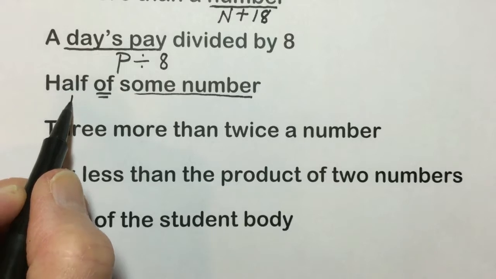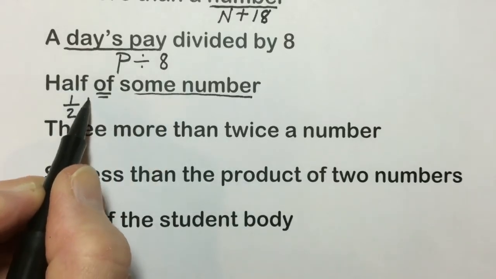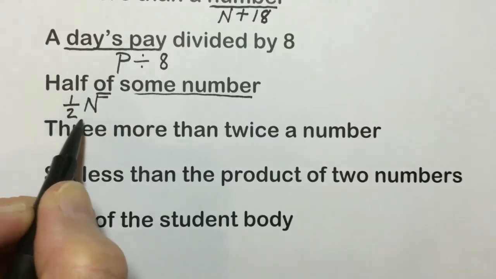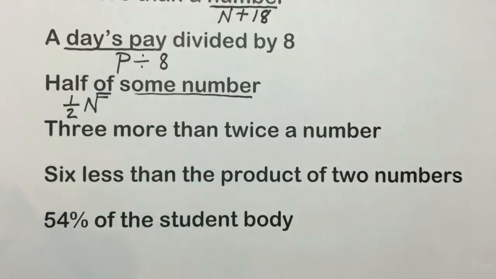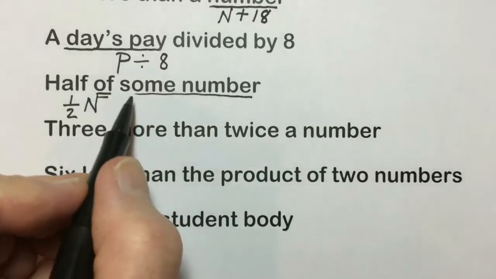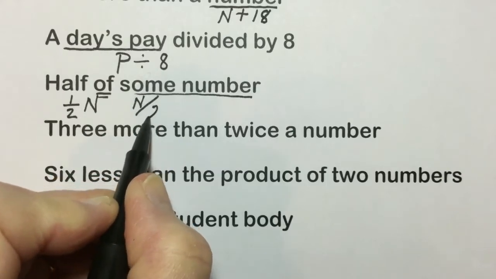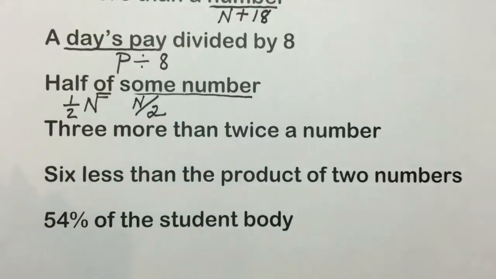Here's our 1/2, so 1/2 times some number, our variable that we have here. So this could be written this way, or when you're taking half of something, it means you're dividing it by 2. So both of these would be equivalent expressions for the phrase that we have here.